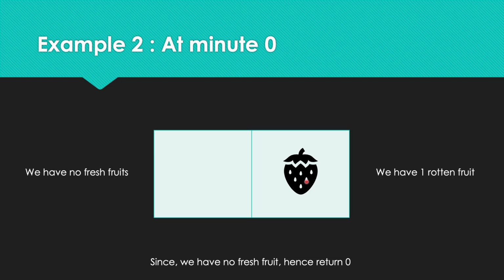Now, here we see we have no fresh fruits, and we have one rotten fruit. So at minute 0 only, we have no fresh fruits, which means we have to return 0 the same minute. No calculations required. Since there are no fresh fruits, there is nothing this rotten fruit would be able to affect, right?